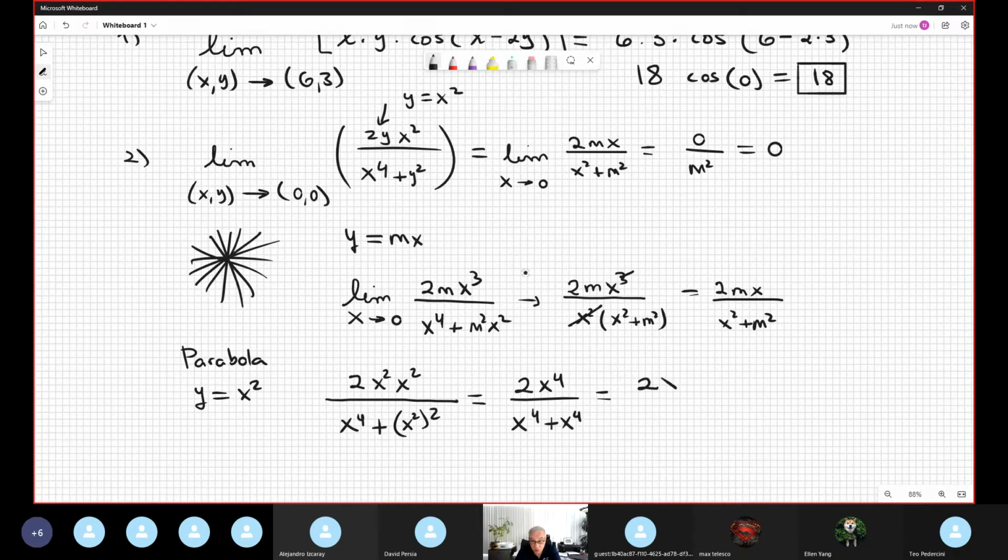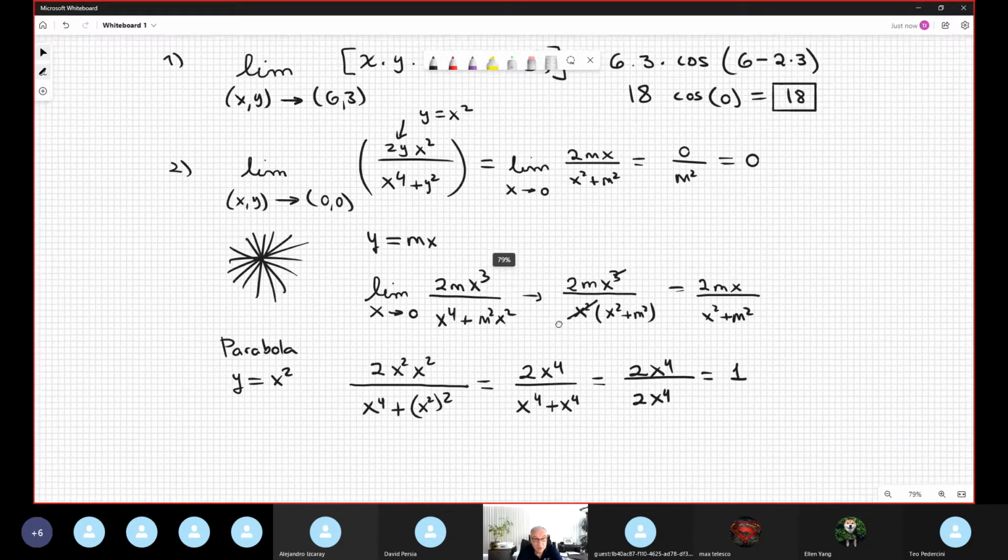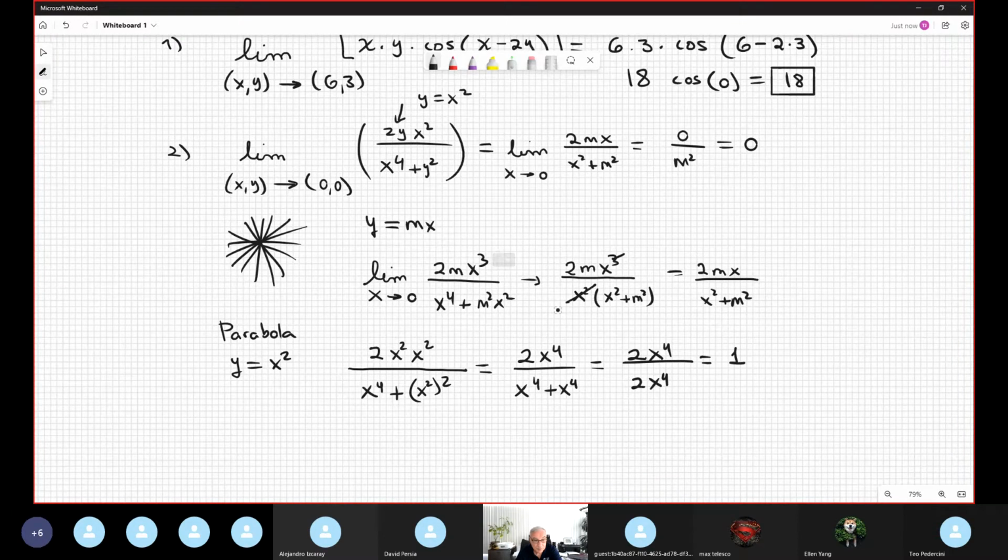So it's 2x to the 4th power over 2x to the 4th power. Wow, everything is cancelled, the answer is 1. So I prove that my limit is equivalent, algebraically of course, to the limit when x approaches 0 of the constant 1, which is 1. Wow, if it's 1 and the other is 0, it's a different value. Therefore, the conclusion is it does not exist.